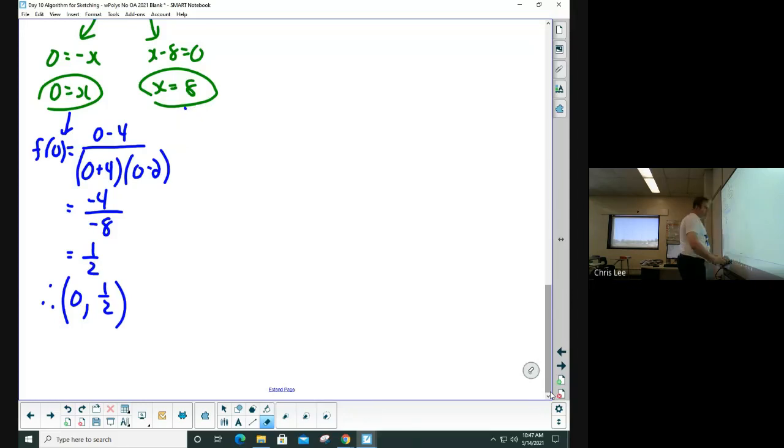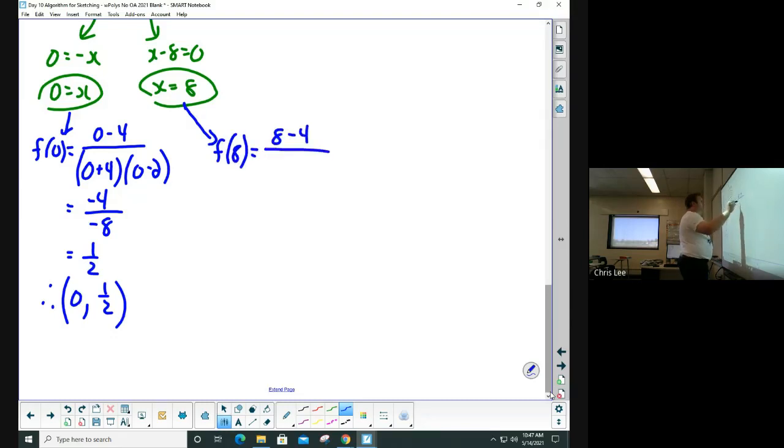Over here, give myself a little more room. F at 8, so it's 8 minus 4 over 8 plus 4, and 8 minus 2. 8 minus 4 is 4. 8 plus 4 is 12. And 8 minus 2 is 6.